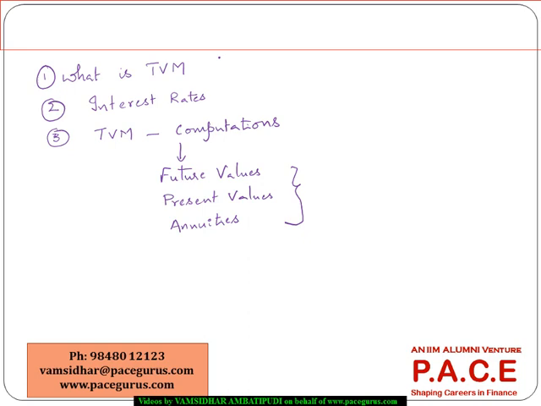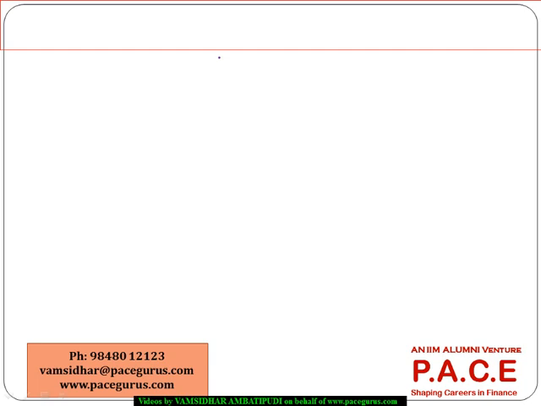Most of the time, what happens is we enter into the processes of either saving money or borrowing. Whenever we borrow, let's say I borrow today, but I repay at a later date.